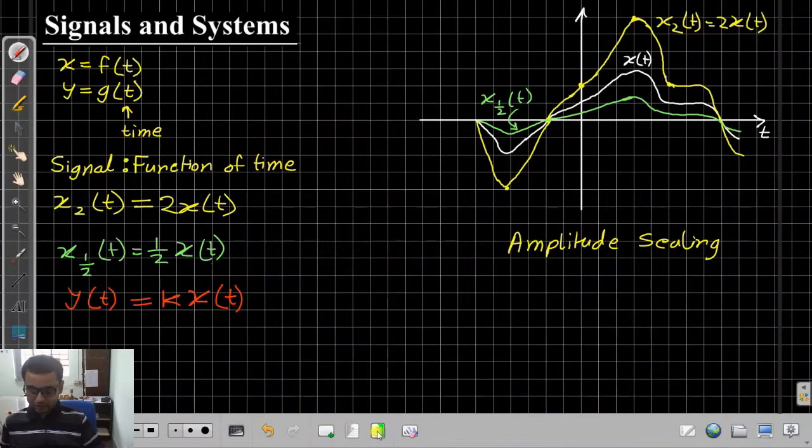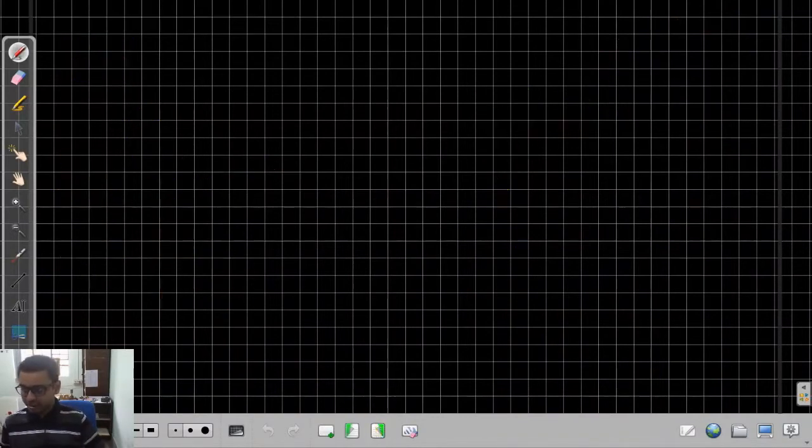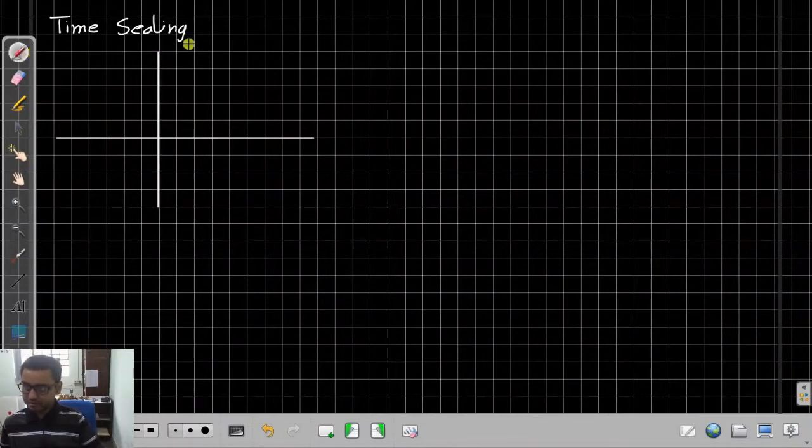Let us now learn something new, which we will call time scaling. Suppose I take a function x of t which looks like this.